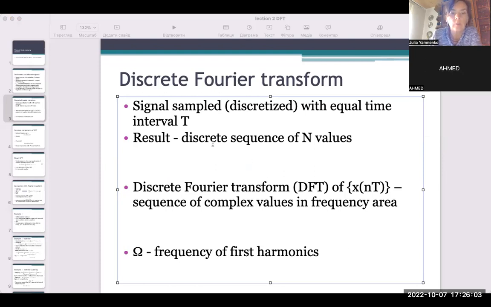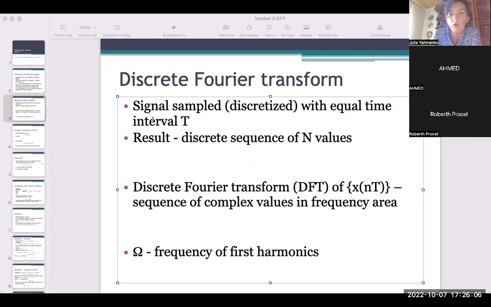So we have an original signal that is defined by its discrete values with equal time interval. Here is the original signal, x small from nT, so it's a time dependence. The nT in brackets informs us that we are dealing with time dependence.